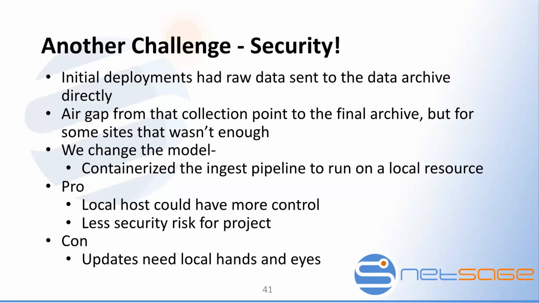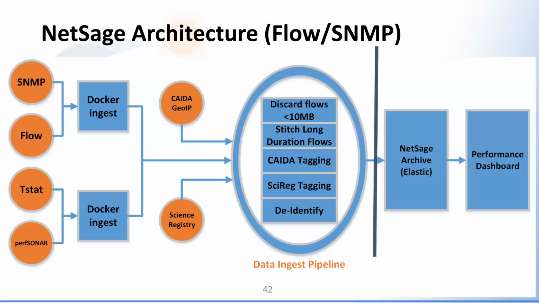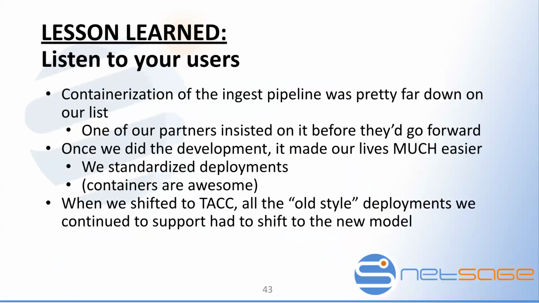And I don't even know that we had full documentation, because the two guys that did it just knew how to do it. But eventually we did it. A guy named James Deaton, then at the Great Plains Network, now at Internet2, really pushed for this. And it was huge. The number of Netsage deployments tripled in the next year because we had this feature.